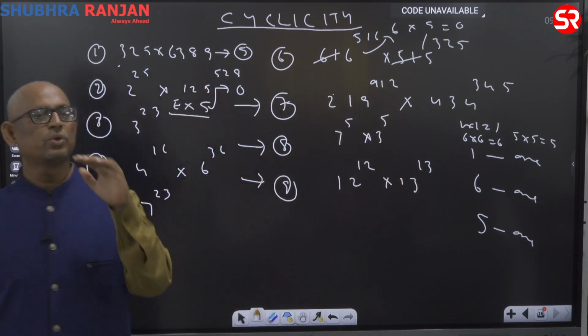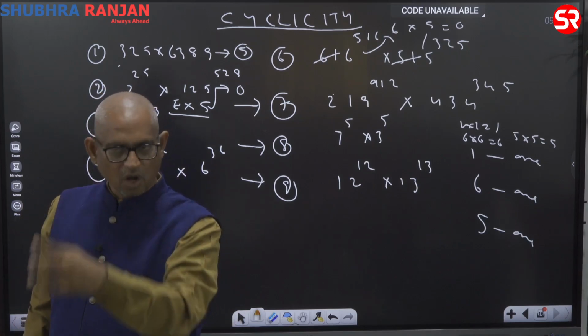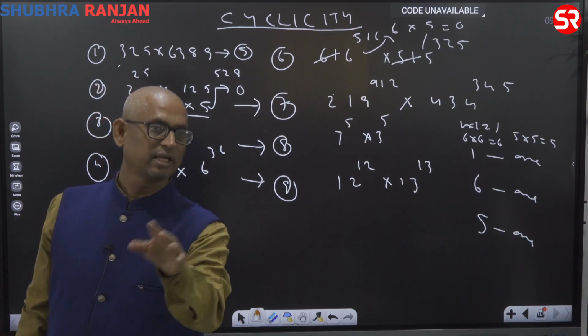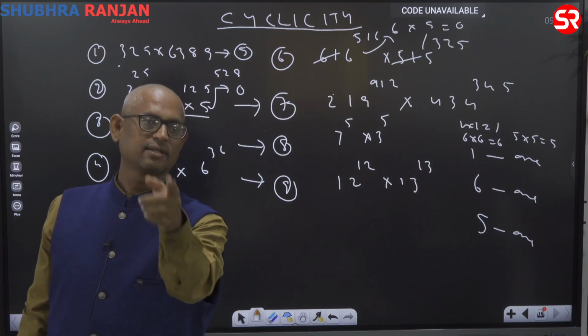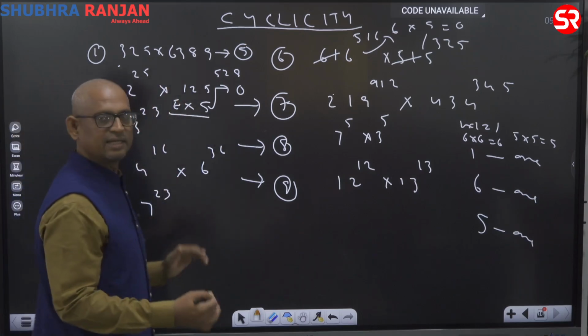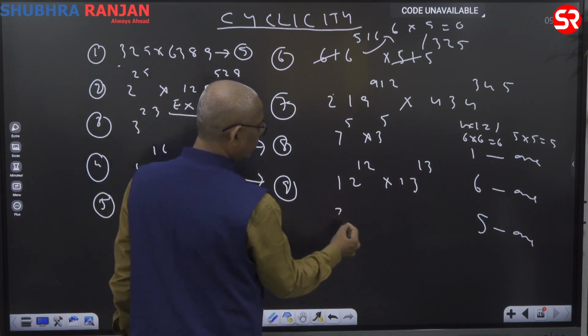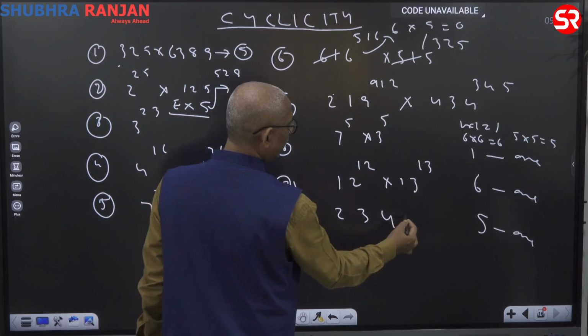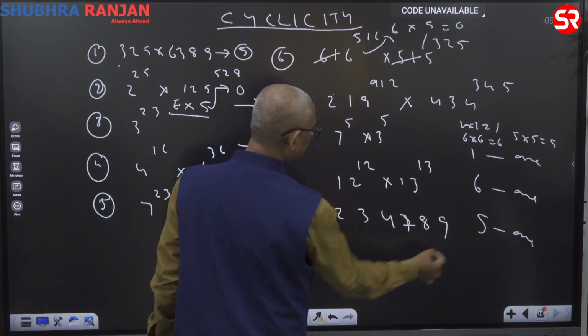Now we will move to the digits which are having cyclicity 2. Guess among all the digits from 1 to 9, which are having cyclicity 2 apart from 165? What are the remaining digits apart from 165? 2, 3, 4, 7, 8, 9.